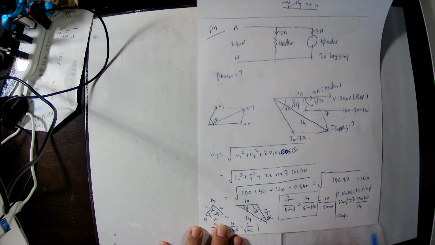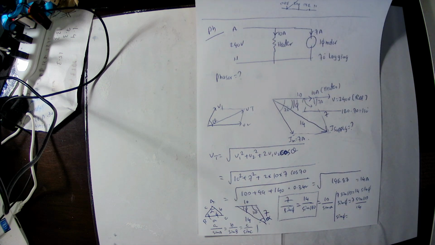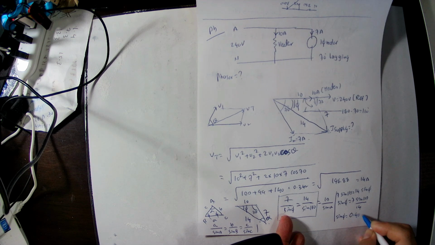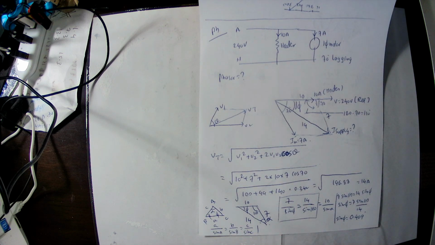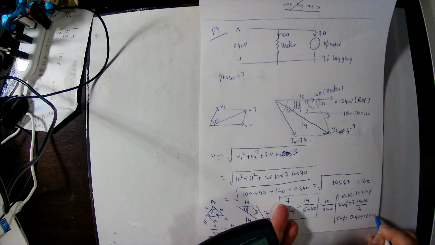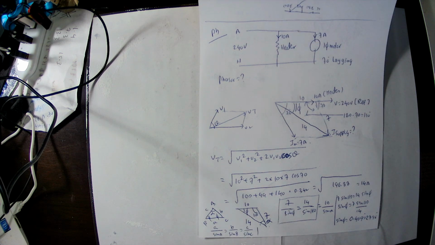Sine 110 is 0.939, multiply 7, divided by 14, you got 0.469. Sine phi is 0.469, so we find the sine inverse. Inverse sine of 0.469, you got 27.96, so 27.96 degrees we got. So this is the phase angle we can find out.